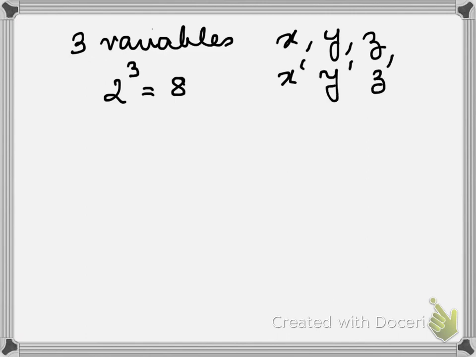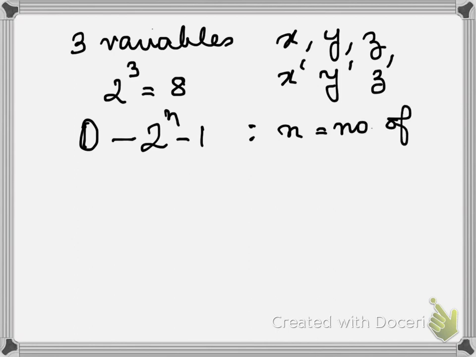And how do you get these combinations? Just take the decimal numbers from 0 to 2 to the power n minus 1. Here, n is the number of variables.